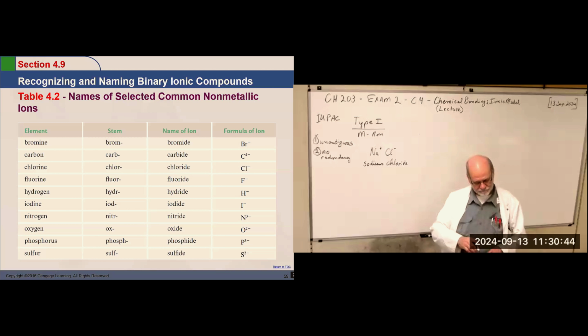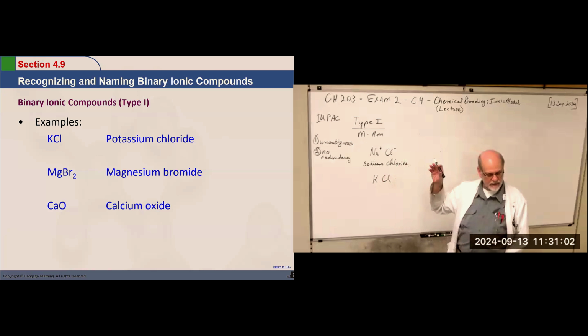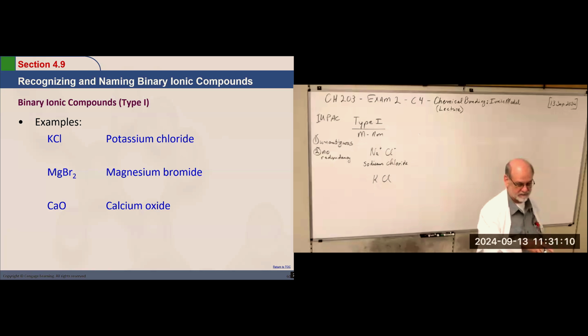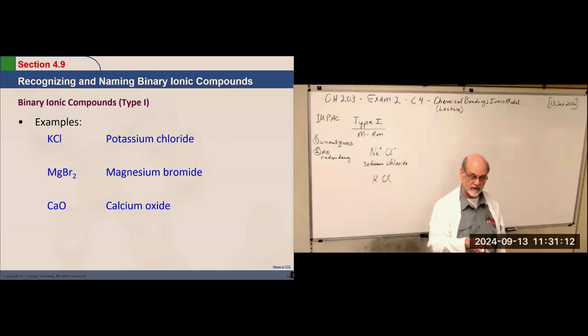Oh, yeah, good. We got some examples here. So KCl is potassium chloride. And we know that we write it this way. And the whole point of this system is that you can go both directions. If you're given a word problem with the name of a compound, you'll be able to write the compound formula. And you have to be able to do that.